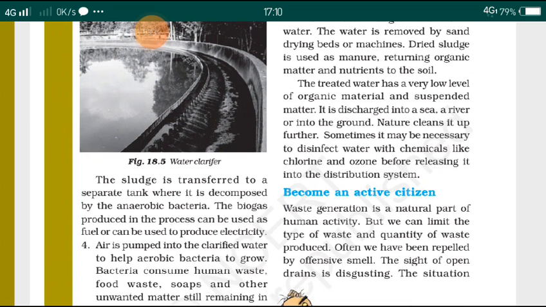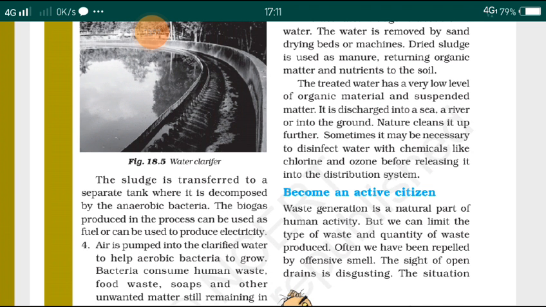The treated water has a very low level of organic material and suspended matter. It is discharged into a sea, a river or into the ground. Nature cleans it up further.